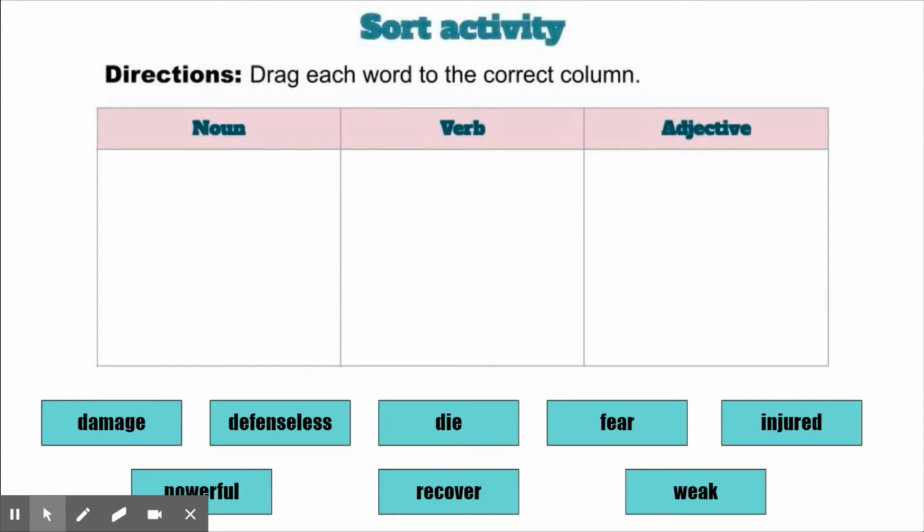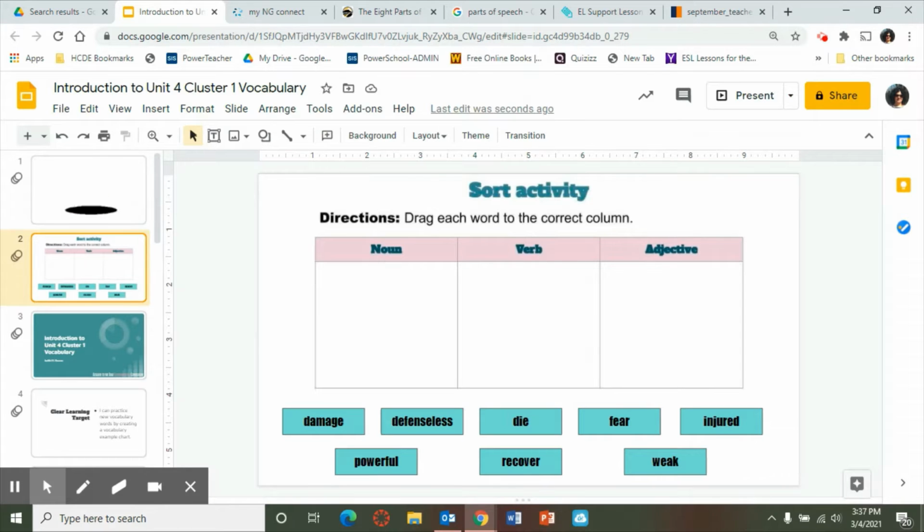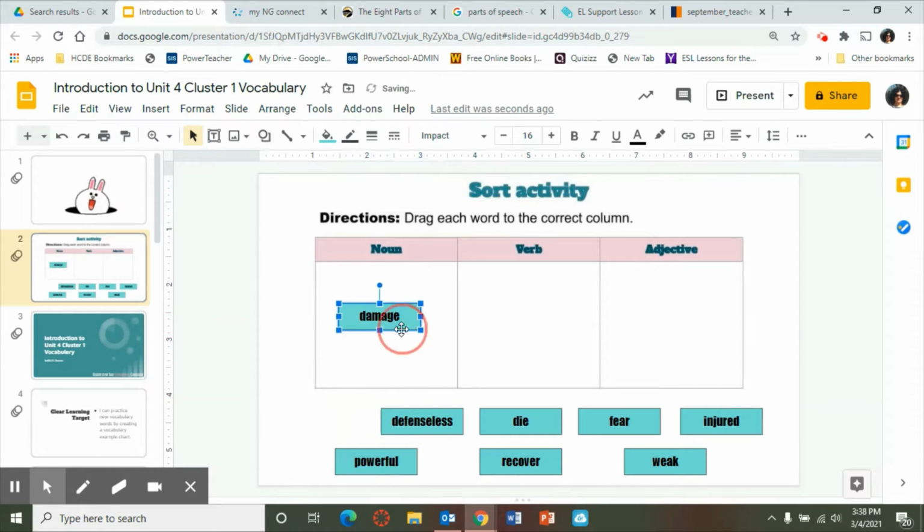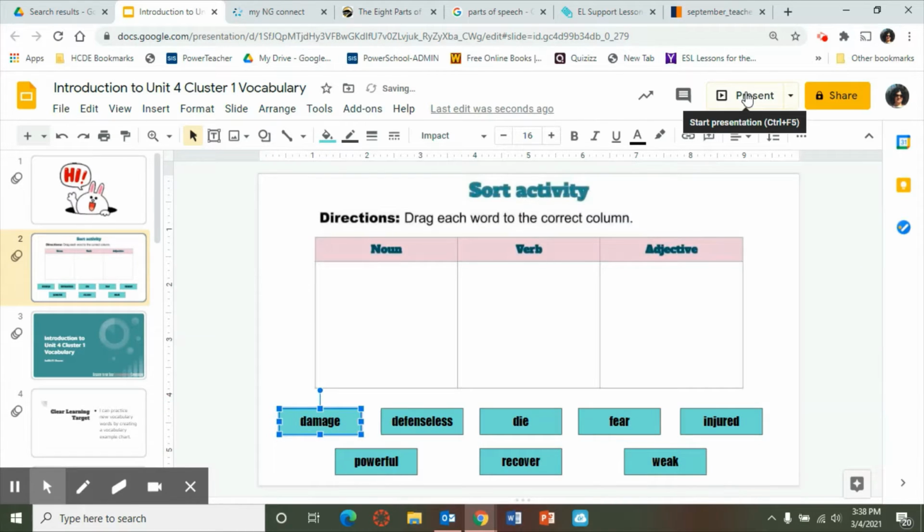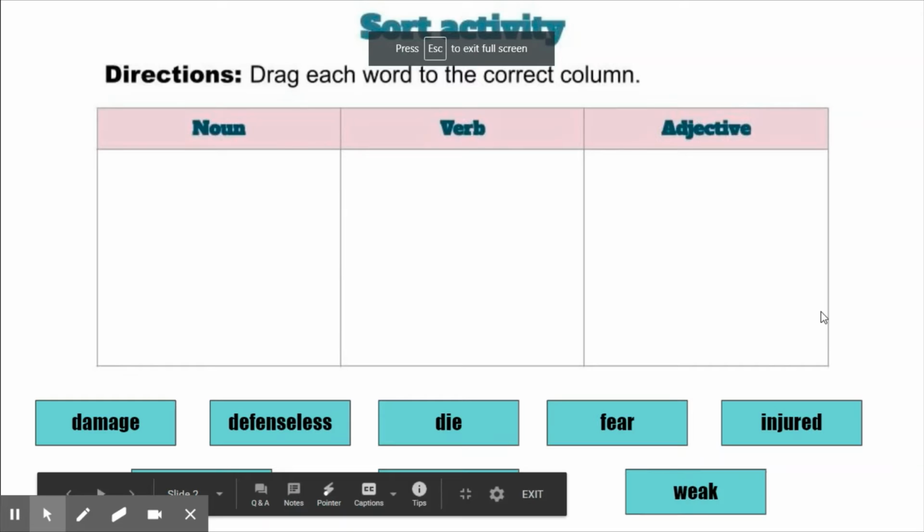Now, in order to do that, you're going to have to take off the presentation, and then you can just go ahead and drag and put the words where you think they might belong. Okay? So how about you pause your video for a few minutes, complete the activity, and then just come back to me.